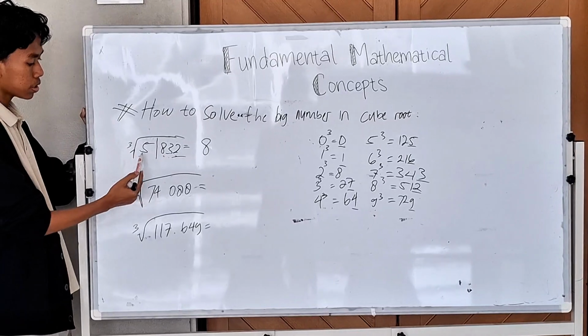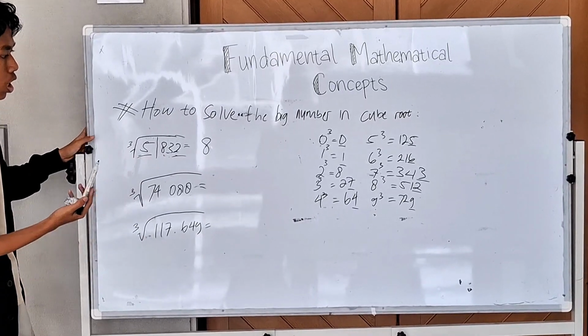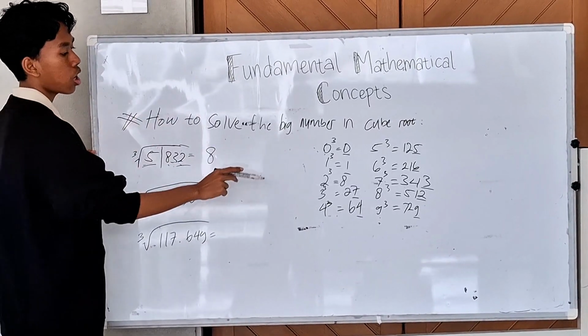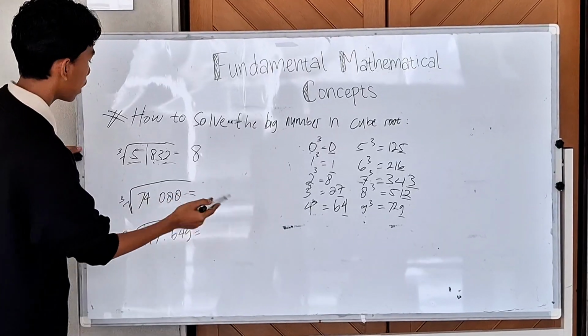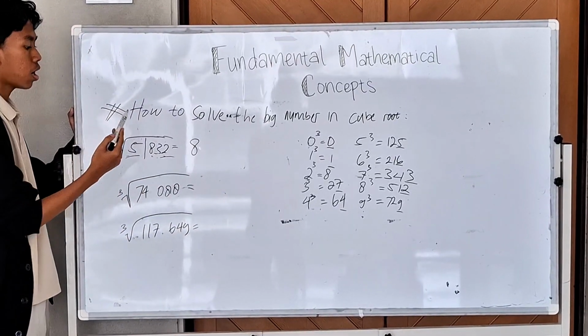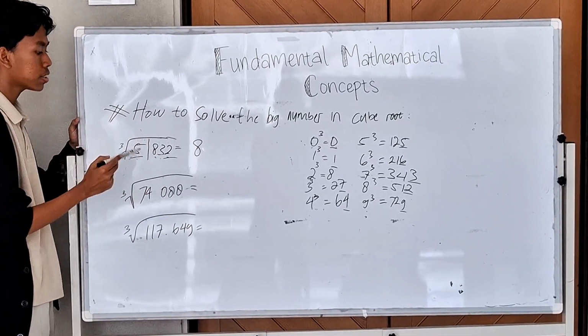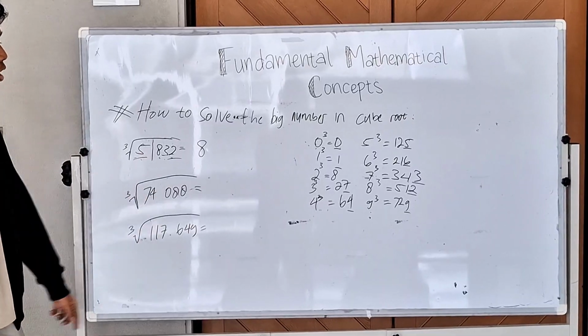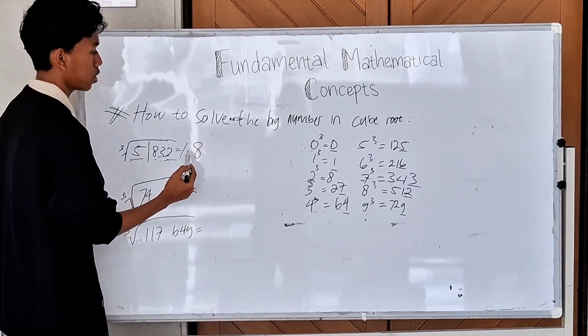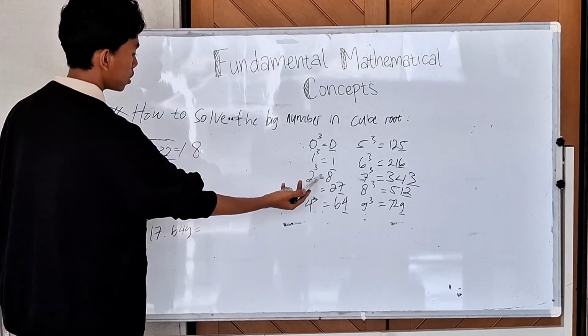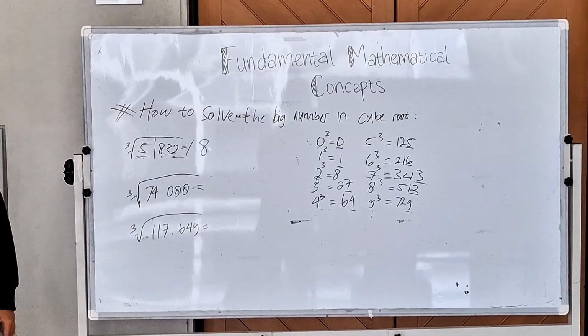In this example it's 5, so we must look for the cube that is equal to 5 or less than 5. That means it's 1, because the cube of 2 is 8, which is more than 5.